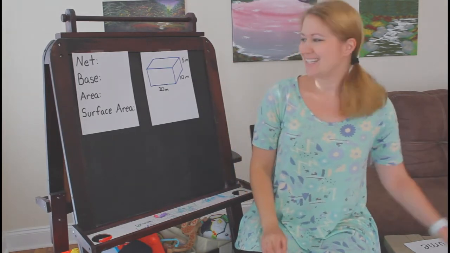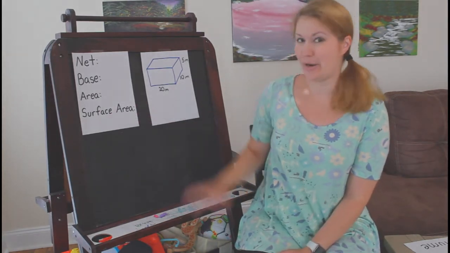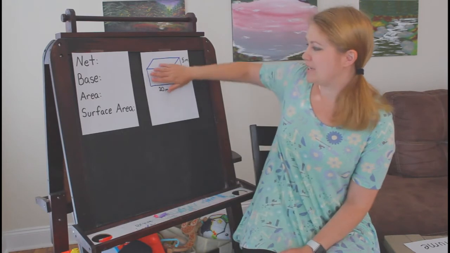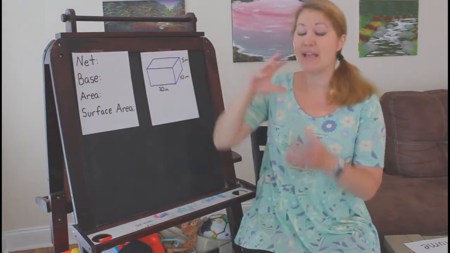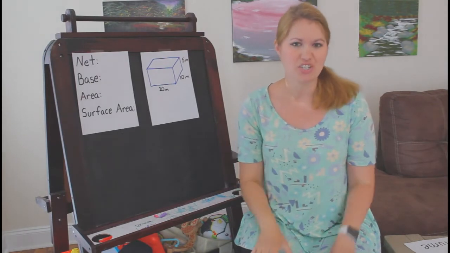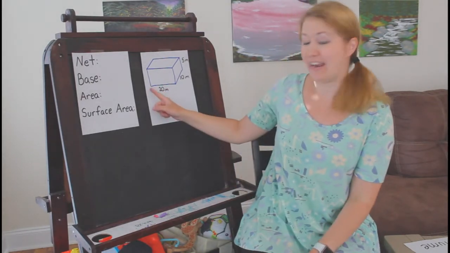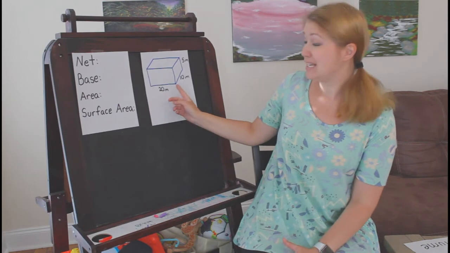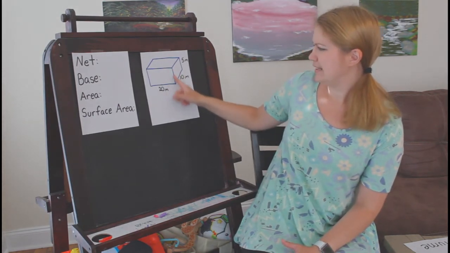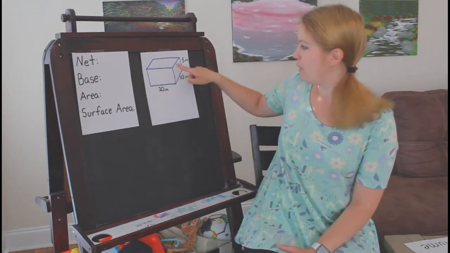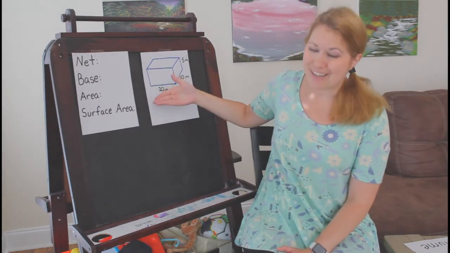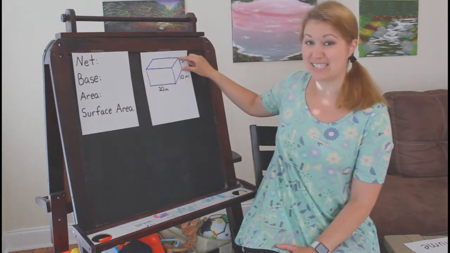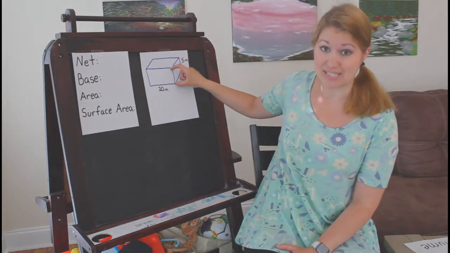Now, let's look at the surface area. The surface area, I'm going to take this side plus this side plus this side. I'm going to add all 6 surfaces together. So my area here, 20 times, it's not labeled on this side. What do I do if it's not labeled on this side? Well, because they're rectangles, I know that whatever this side is, this one's going to be the same.